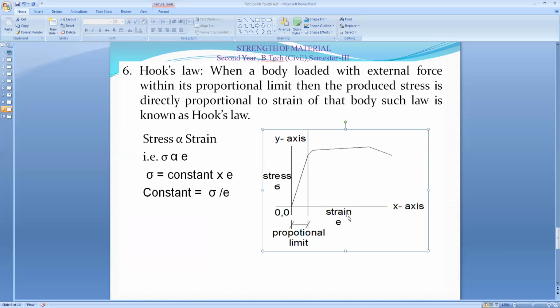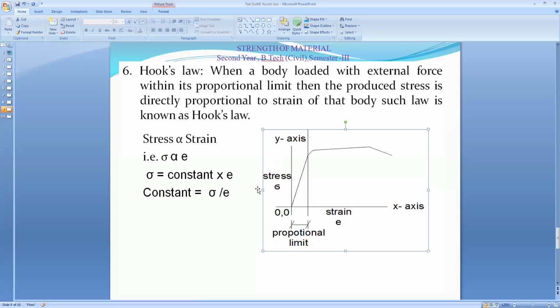Strain is nothing but change in dimension divided by original dimension. Generally here we consider linear strain, not the lateral one. So linear strain and direct stress go together. Instead, we can take the force P versus deflection curve, as well as the stress versus strain curve.